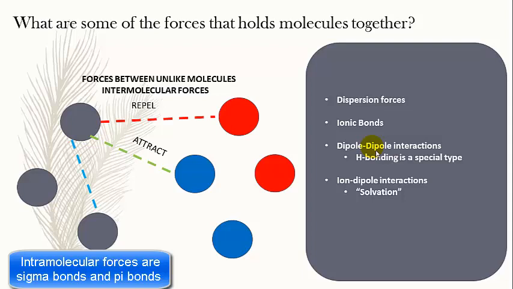That, in essence, is a dipole-dipole interaction between two polar molecules. And we want to classify a special category of dipole-dipole interaction, and that is hydrogen bonding. Another type of intermolecular force is ion-dipole interactions. This is the reason why sodium chloride dissolves in water, because water solvates the individual ions.